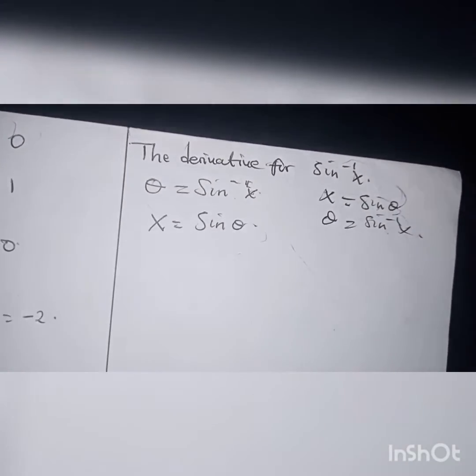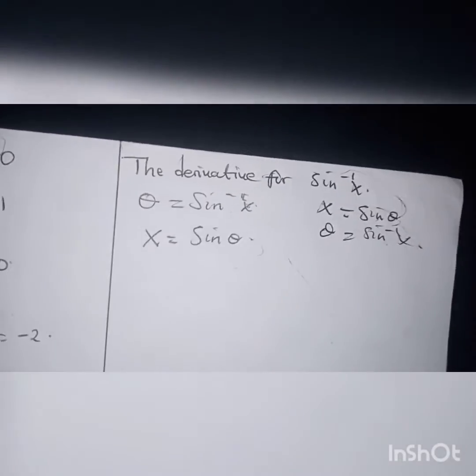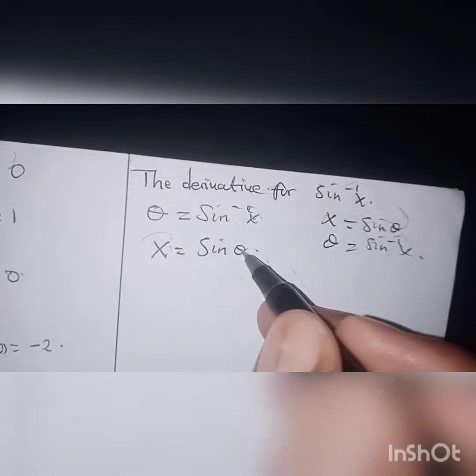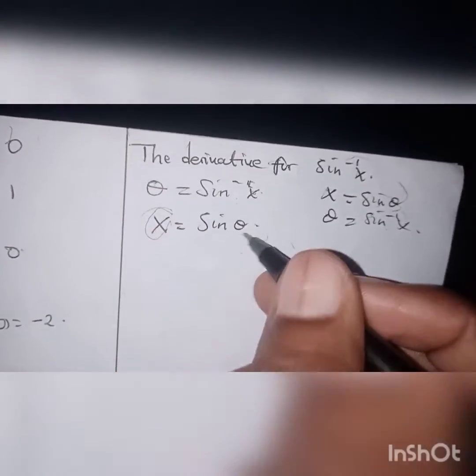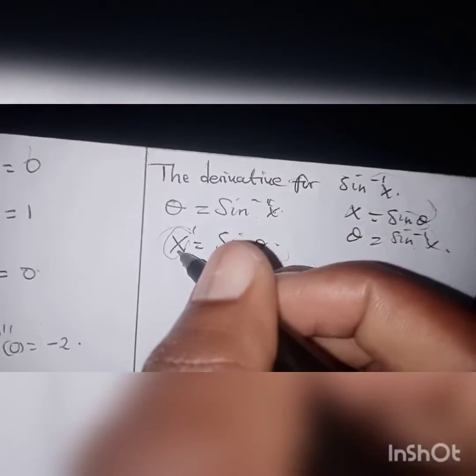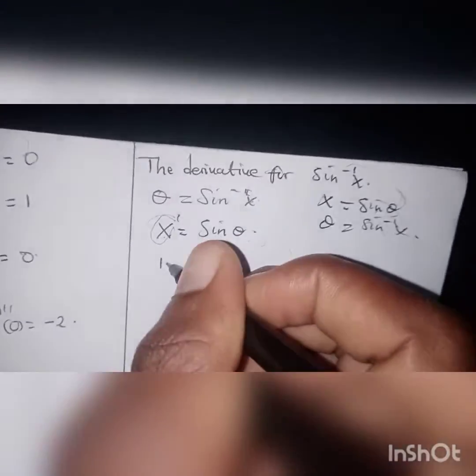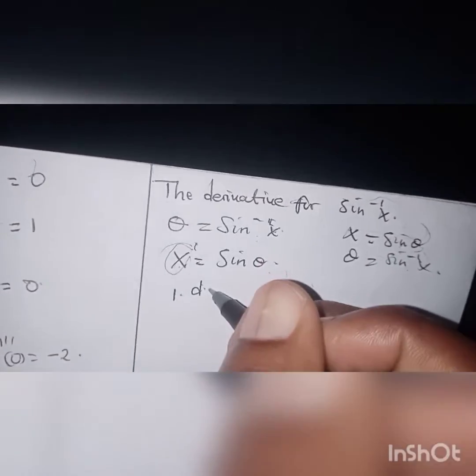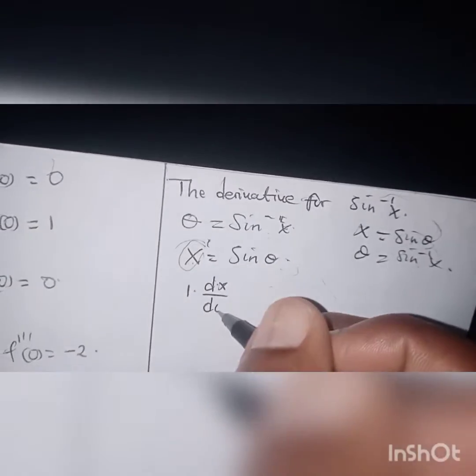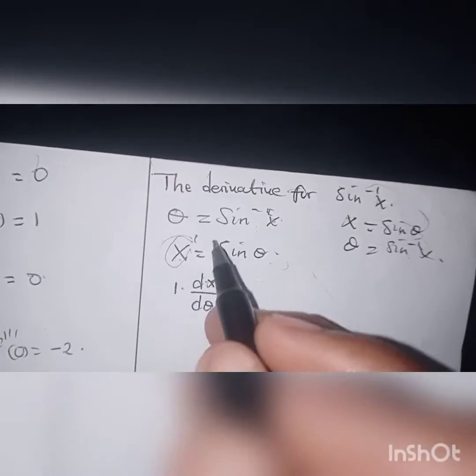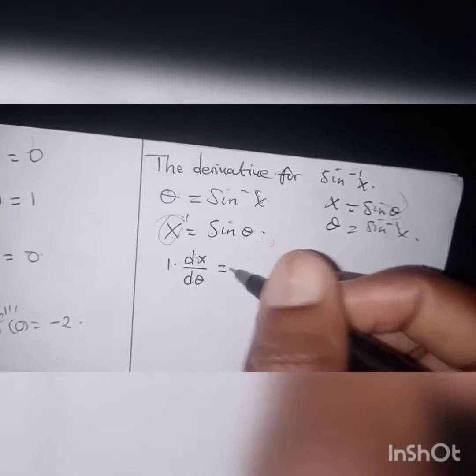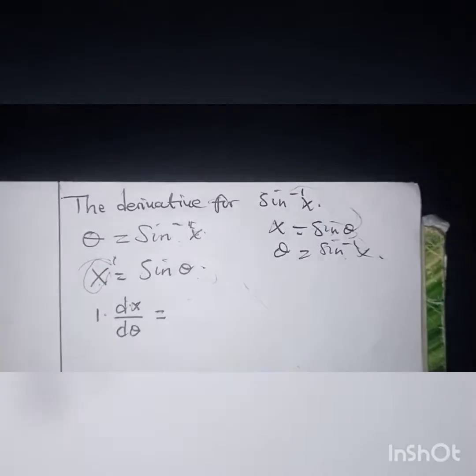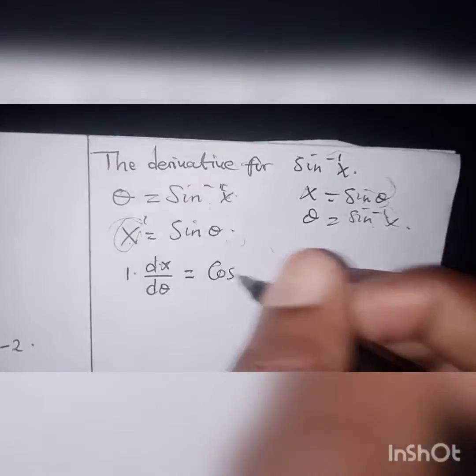Now let's find the derivative of this function. Let's differentiate this function in terms of theta now. When you differentiate x in terms of theta, the derivative of x is 1, then we have to multiply by dx d theta, since x is not theta, which will be equal to the derivative of sine theta, which is just cos theta.